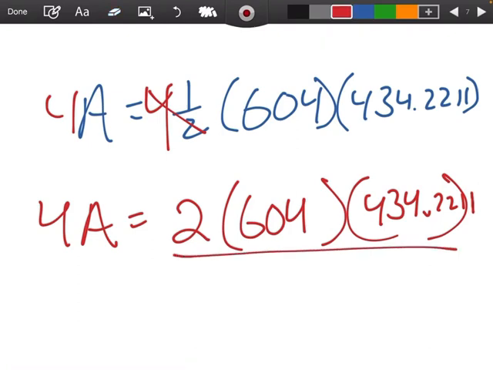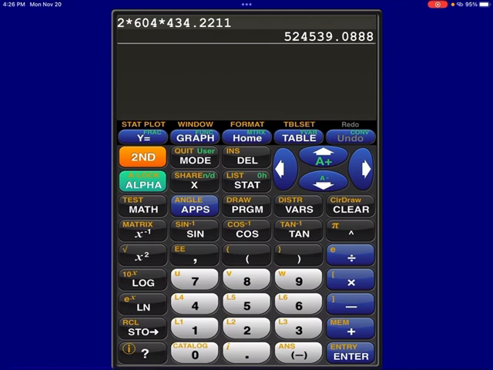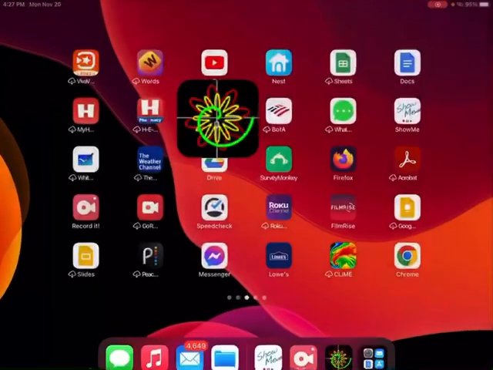Let me do this part on my calculator. So clear this out. 2 times 604 times 434.2211. And y'all, this is the number I'm coming up with, 524,539.